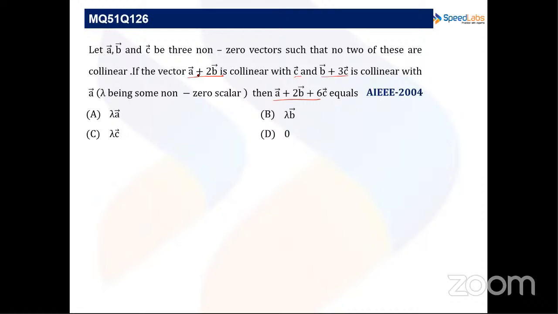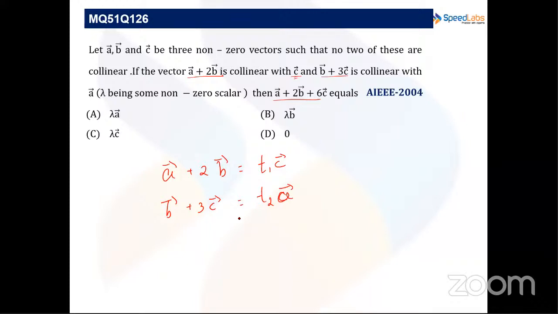See, a plus 2b is collinear with c, so a plus 2b will be equal to some lambda times c, and b plus 3c will be equal to some T2 times a. We can take the lambda as T1, so a plus 2b equals T1 times c.